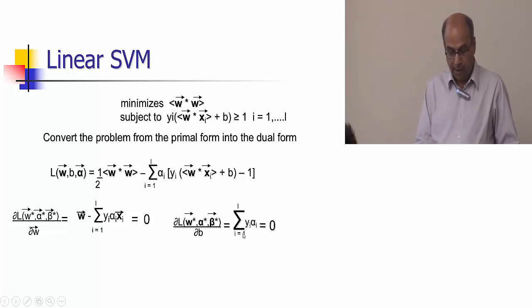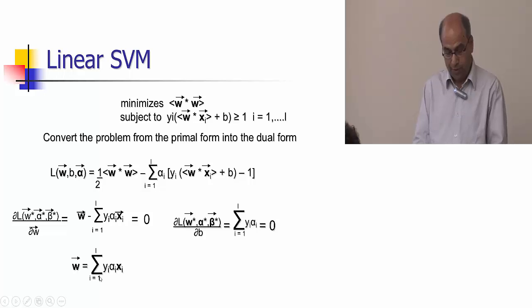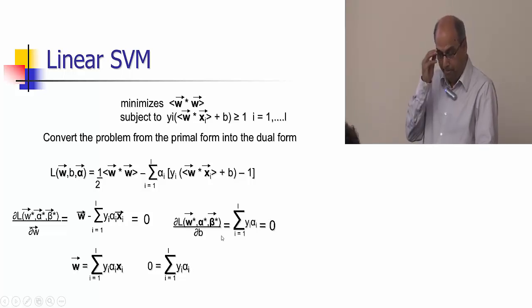From here, w is in terms of yi, alpha i, and xi. yi, xi we know, but alpha i was the Lagrangian multiplier, which we don't know. And from here we have a constraint that the sum of yi alpha i has to be 0. So far we have reached here.